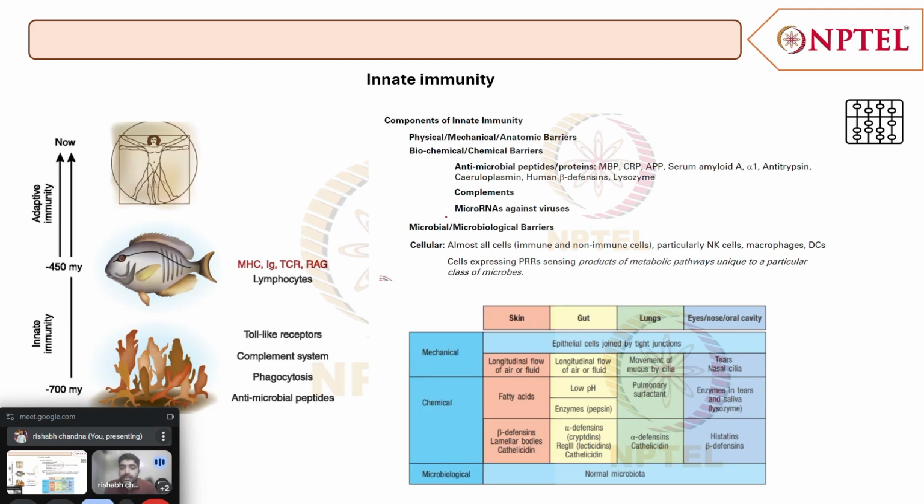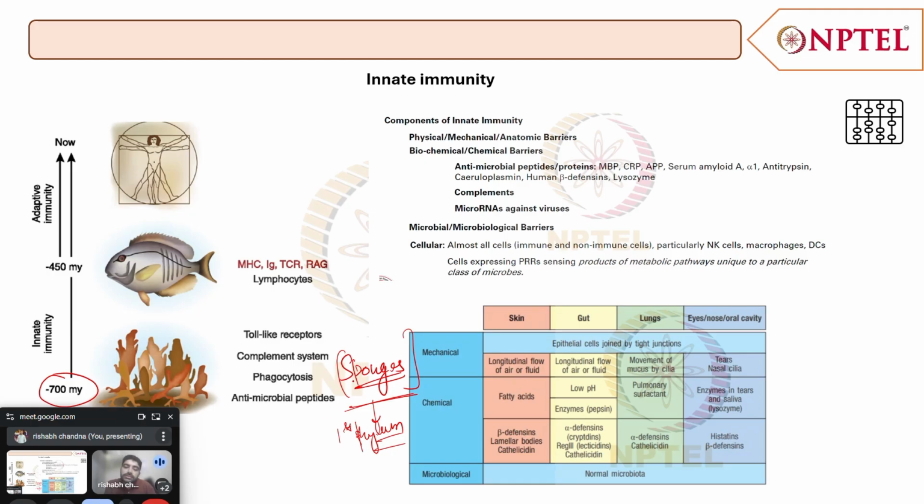So innate immunity basically started nearly around 700 million years ago when the sponges, the basic animal kingdom organisms, arose. As you guys would know, sponges were the first phylum of the animal kingdom of the invertebrates.